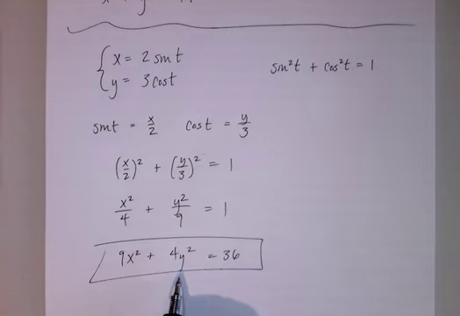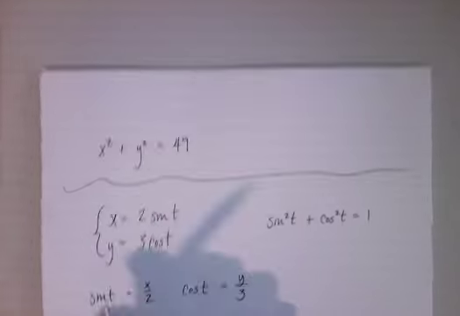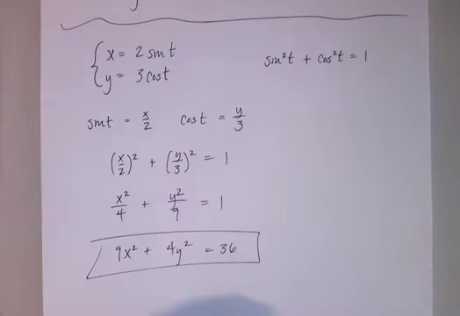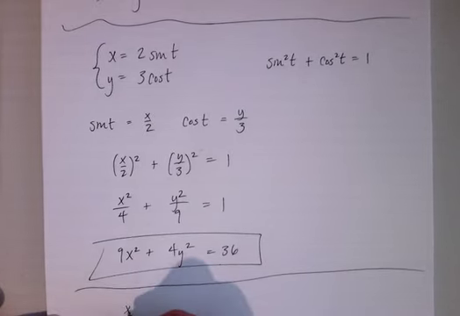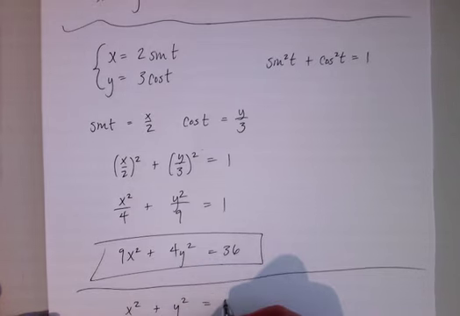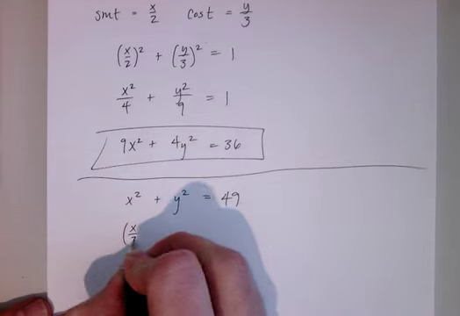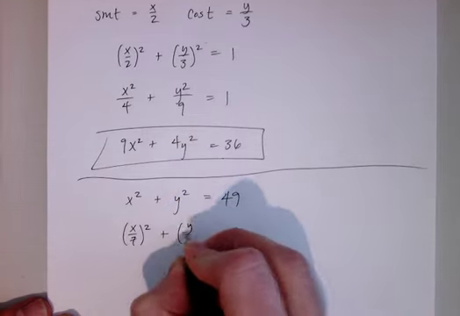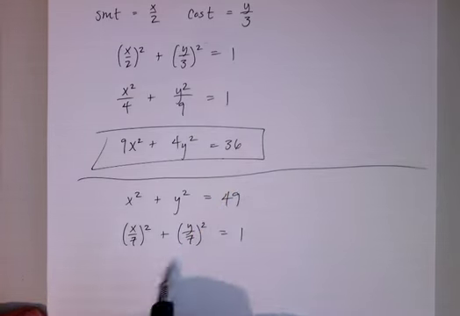Doesn't really matter which. So remembering that, let's go ahead and go back and let's look here, okay? So if I know that that's how we eliminate the parameter when dealing with an ellipse, and of course circle is just a specific form of an ellipse, then I happen to know that x squared plus y squared is equal to 49 can actually be rewritten as x over 7 squared plus y over 7 squared is equal to 1 once I divide both sides by 49 and then simplify each of the ratios using rules of exponents.